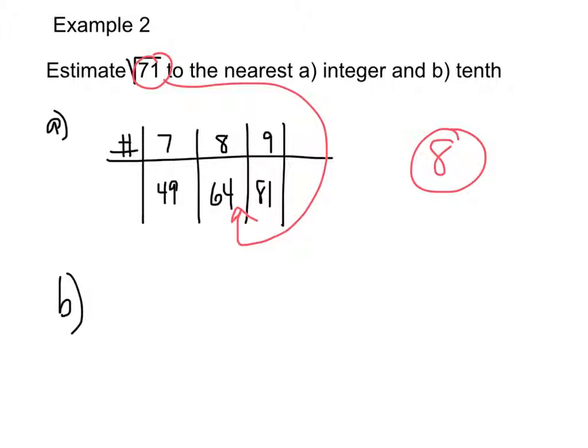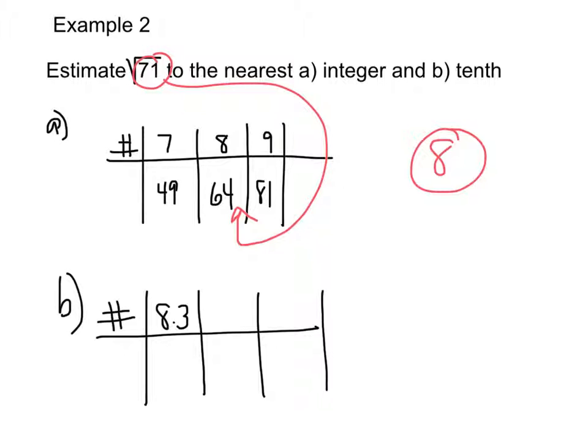B then is to the nearest tenth. Well, we know that our number is going to be between 8 and 9. Because we're now doing tenths, let's write down some tenths. So I'm just going to pick some numbers here: 8.3, 8.4, 8.5. Now, why don't I have to go any higher?